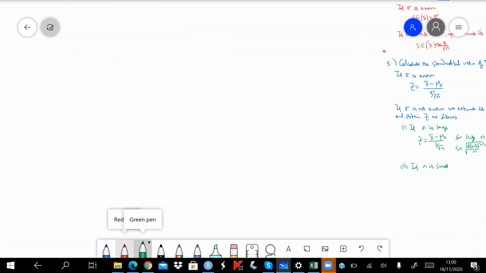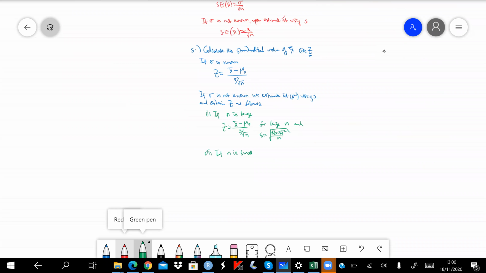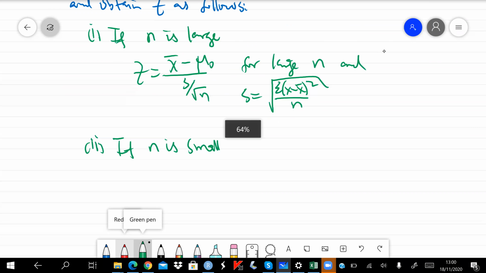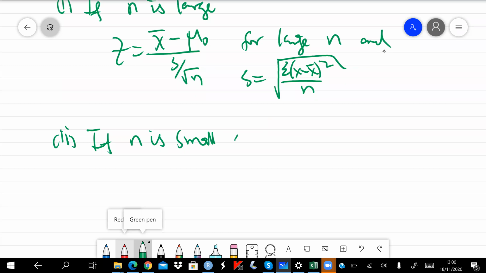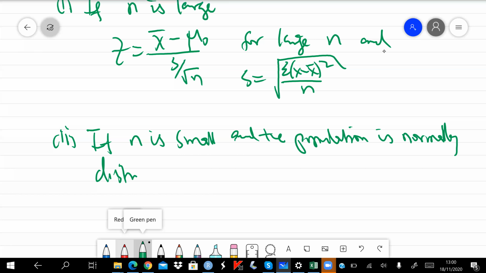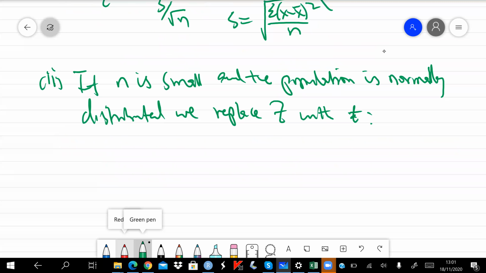If n is small and the population is normally distributed, we replace Z with T in the formula.